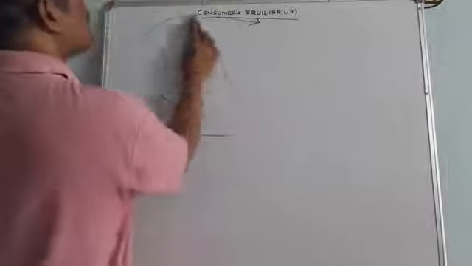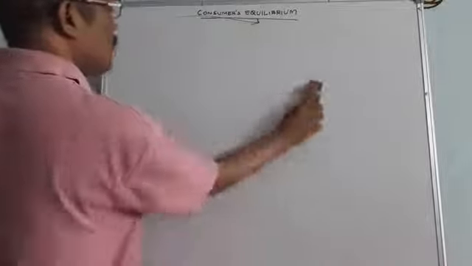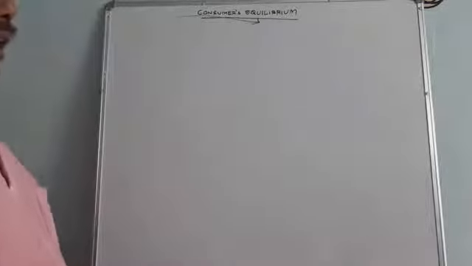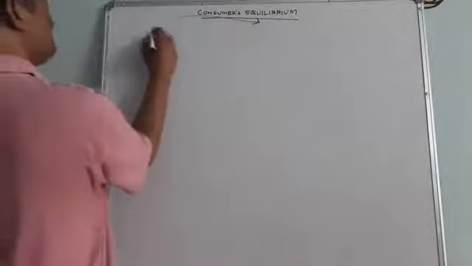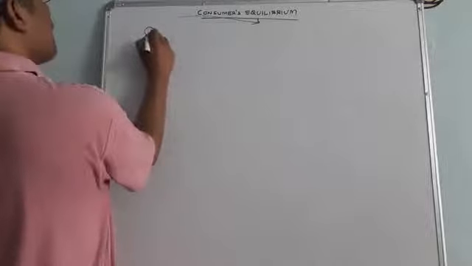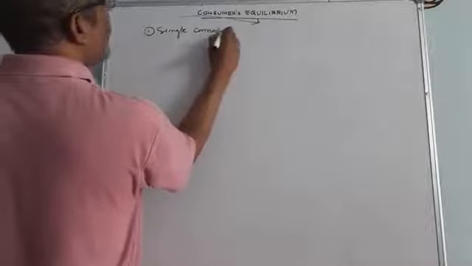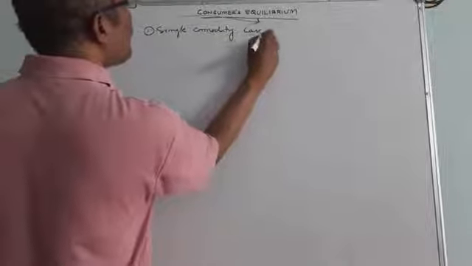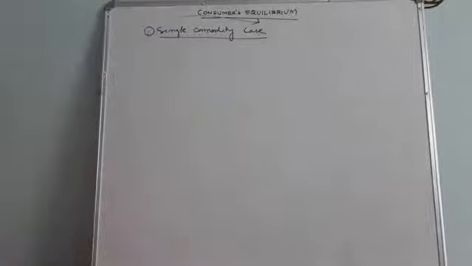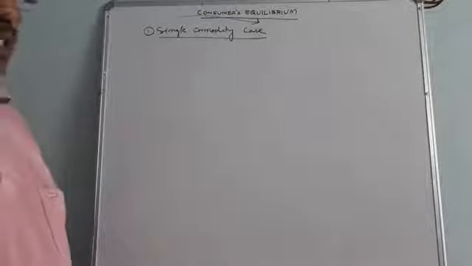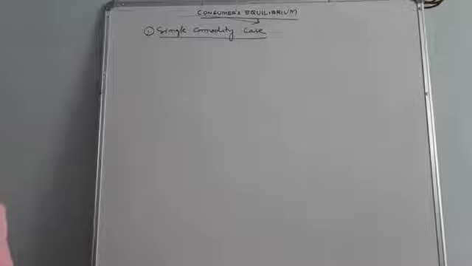When a consumer purchases goods, he spends money, and the goods may be of different types. First we will analyze the single commodity case. I gave the example of 5-star chocolate, which costs 10 rupees per unit.